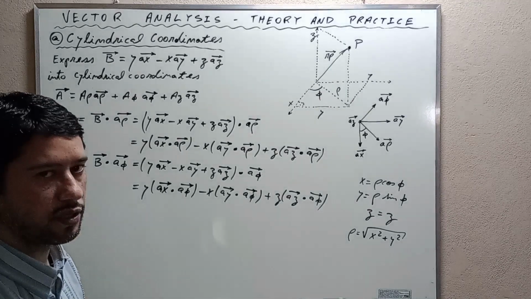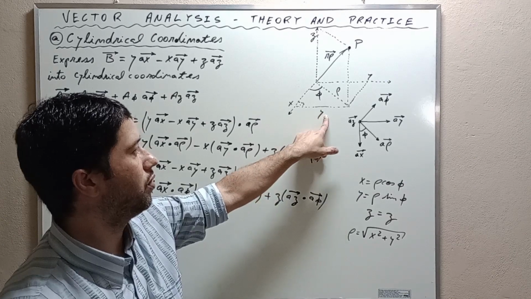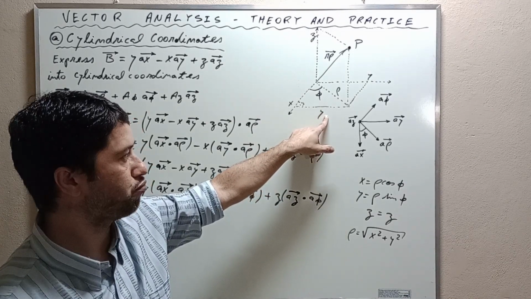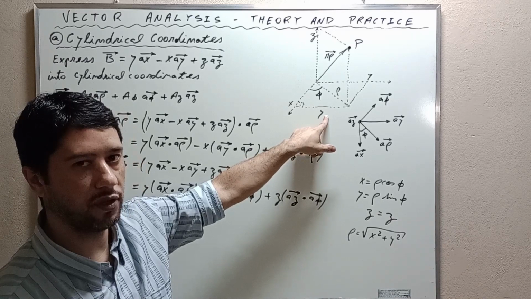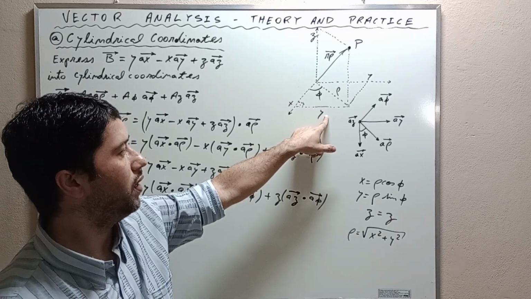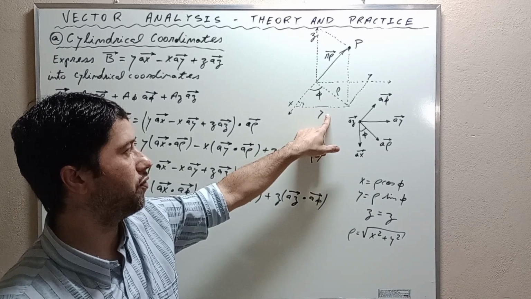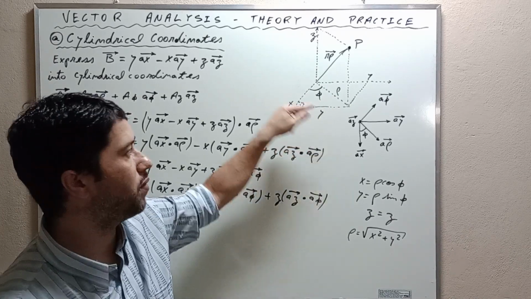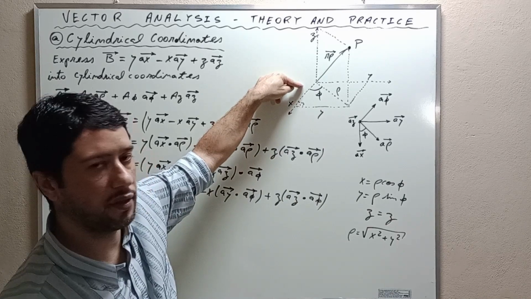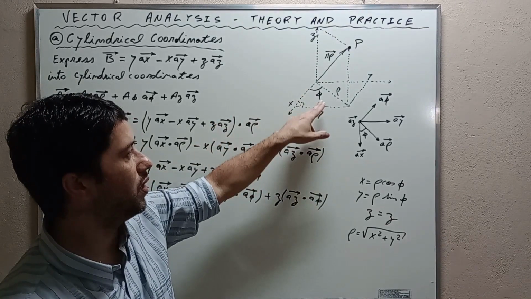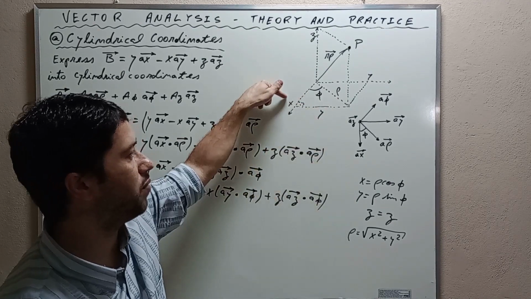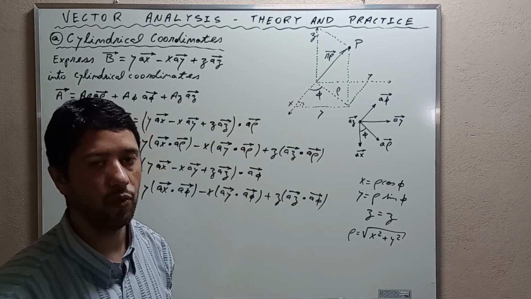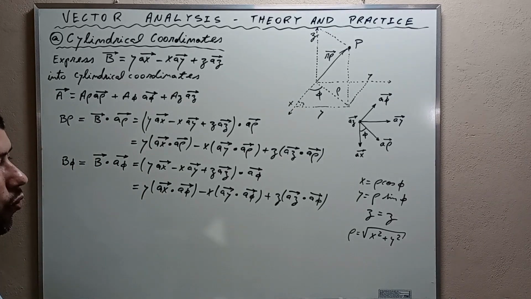Remember that the tangent of an angle that participates in a right triangle is the side in the front divided by the side at the side, okay? So the tangent of phi is y divided by x. But we don't want the tangent, we want the angle. And to compute the angle having the tangent of the angle, we calculate the inverse tangent.